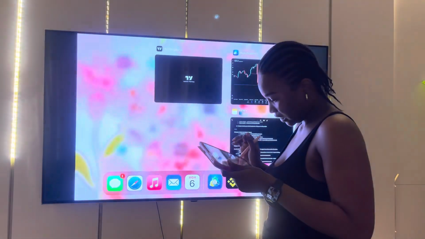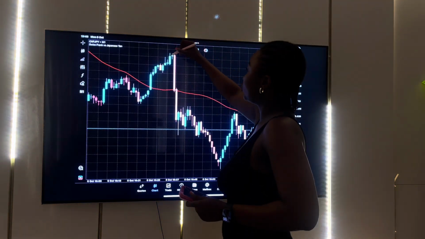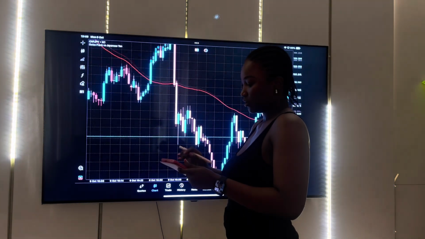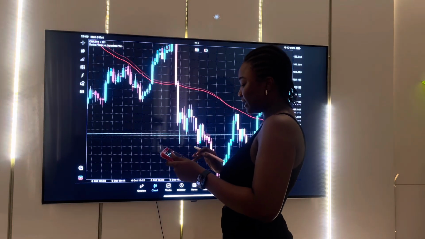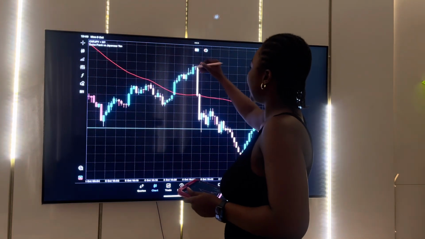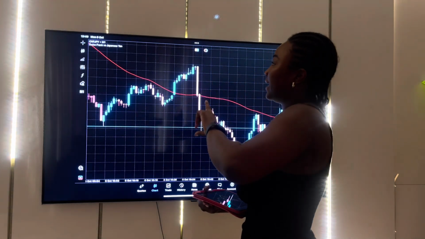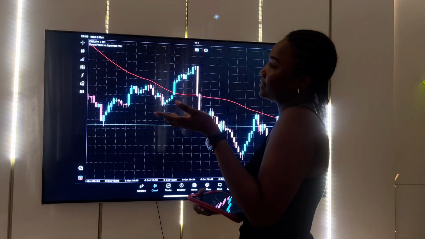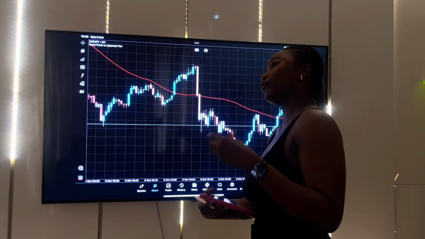Let's explain the doji candle. This is a doji candle. A doji candle most likely looks like a plus. It usually happens when there is indecision in the market and market movement is about to change from either high to low or from low to high.